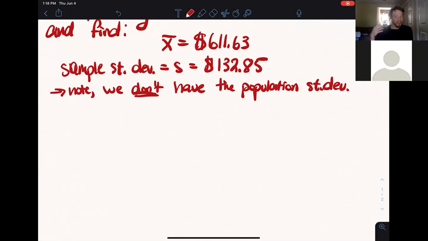I've been giving you the population standard deviation, even though in real life, this isn't something we would know. If we can't collect every single data value to get the actual population mean, why would we assume that we knew the population standard deviation? Because knowing this value would also require us to collect every single data value out there, which again is not feasible. So in this case, we don't know the population standard deviation.